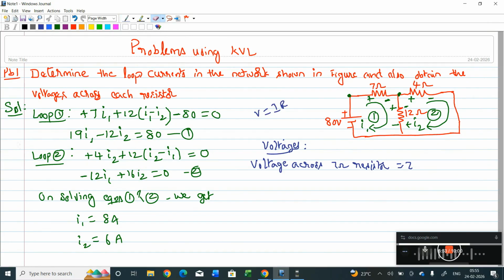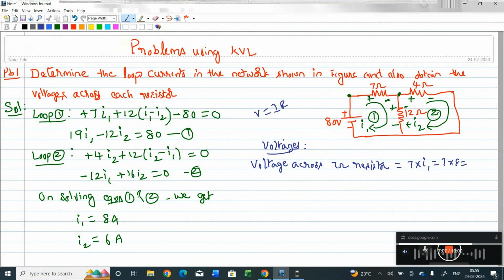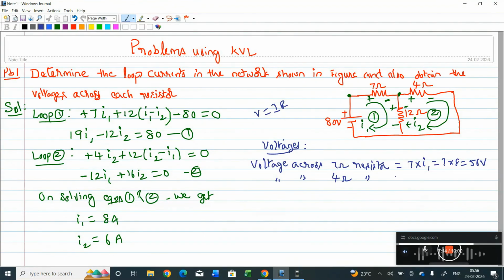So across the 7 ohm resistance, the voltage drop will be equal to 7 into the current flowing through the 7 ohm resistance, which is I1 alone. So 7 into I1, 7 into 8, 56 volts. Similarly, the voltage across the 4 ohm resistor: in the 4 ohms, the I2 current alone flows. So 4 into I2, 4 into 6, 24 volts.